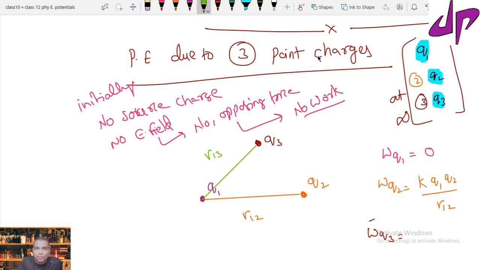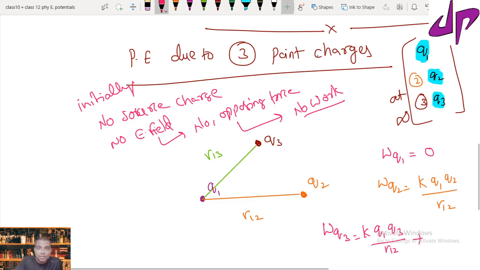Now I can write the work done to bring charge q3 equal to K q1 q3 upon r13 plus, why have I written plus? Because there is one more charge which affects it, that is charge q2.